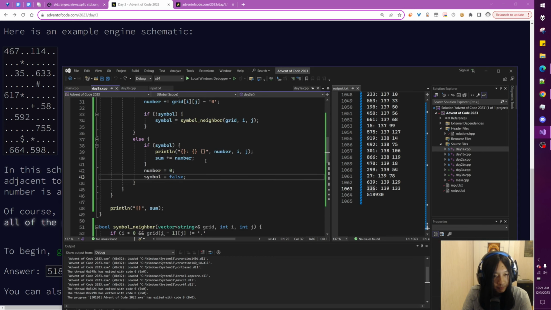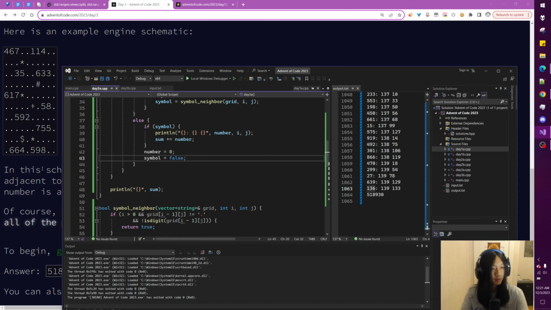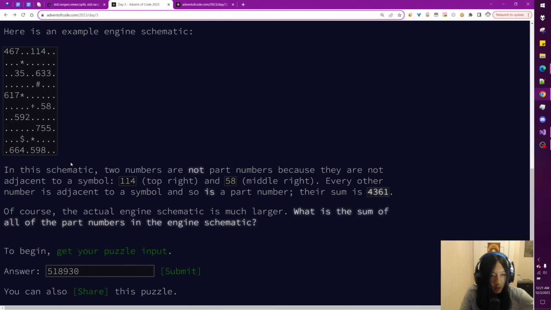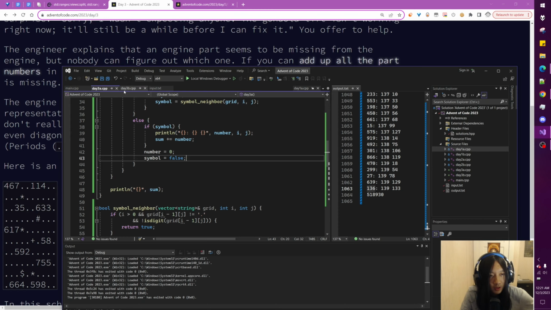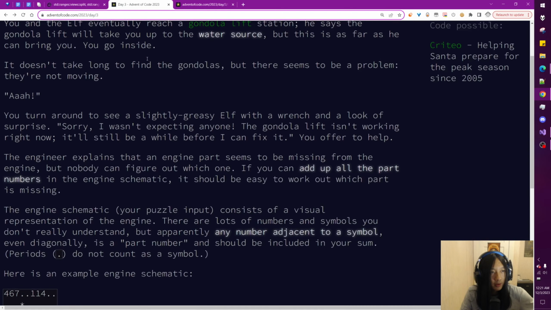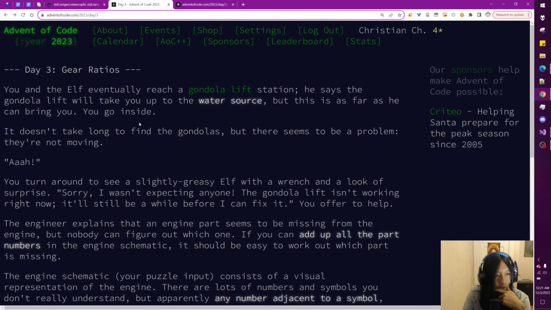Interesting. Because they're not adjacent to a symbol. What if you're adjacent to two symbols, perhaps? Is that part of the problem?